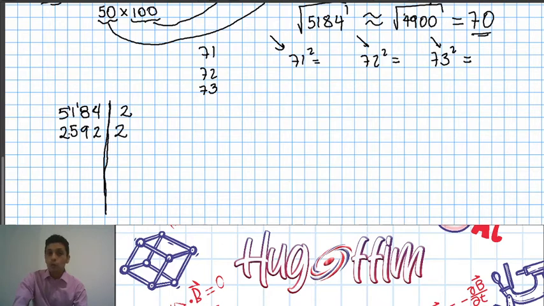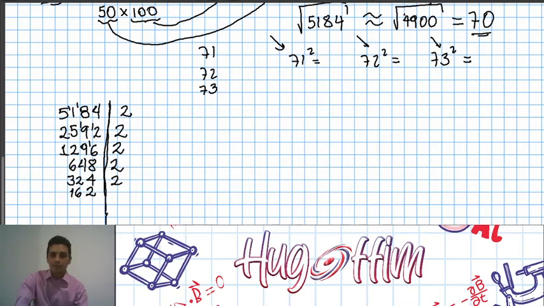Now I'm going to divide by 2 again. 12 divided by 2 is 6. Okay, I'm going to divide by 2 again. 9 divided by 2 is 4, I have 1 left, 16, 8. 64 divided by 2 is 32, and 8 divided by 2 is 4. Again divided by 2, 32 divided by 2 is 16, and 4 divided by 2 is 2.